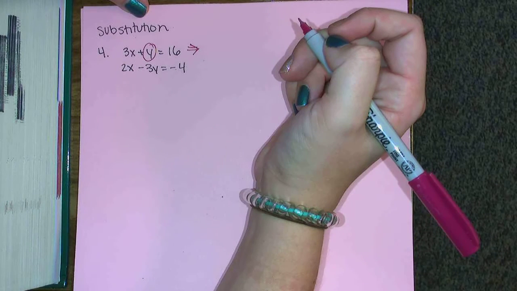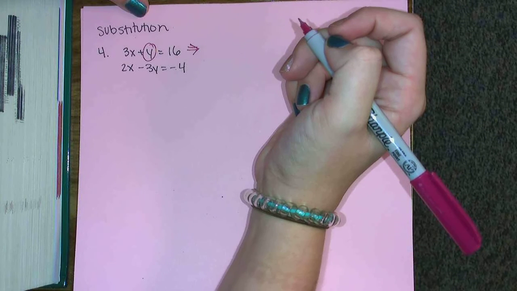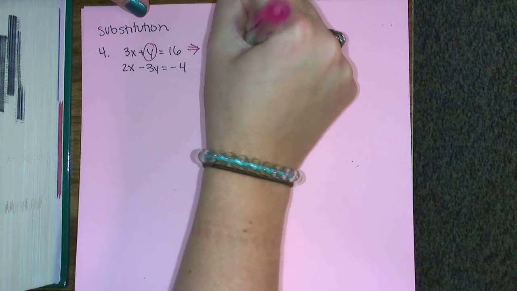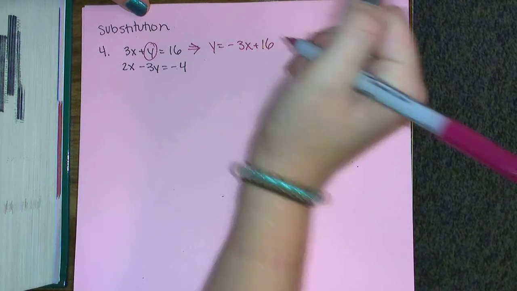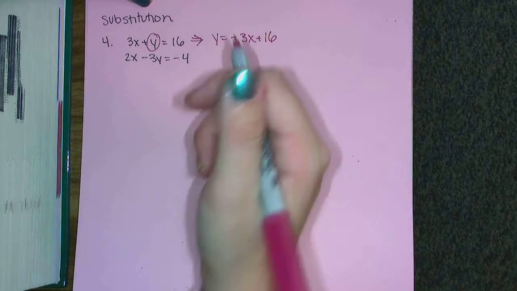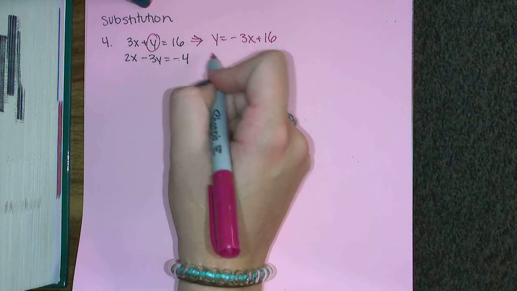This is 3.2. Plus 16. So now this is my new equation 1, modified equation 1.